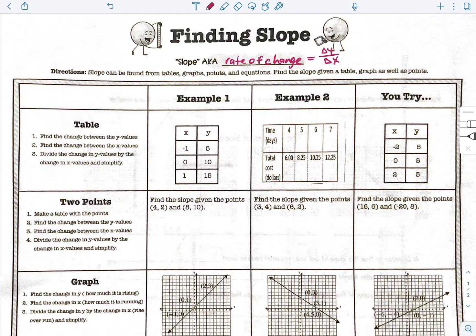Okay. So we're going to first start off looking at this table, right? And we're going to look at example 1 and see if we can find our rate of change or our slope. Just as a recap, we've been talking about linear functions, arithmetic sequences. It all goes together.